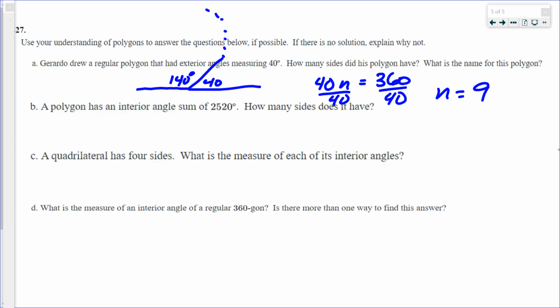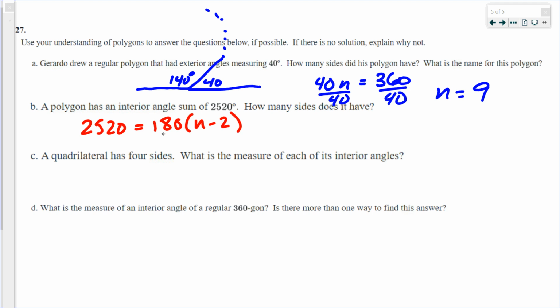I also have a polygon that has an interior sum of 2,520 degrees. How many sides does it have? Well, now I don't know the interior. I know the sum of it, and I need the number of sides. This is a little more challenging, since I know the sum of the interiors. The sum of the interior equation is 180 times n minus 2.